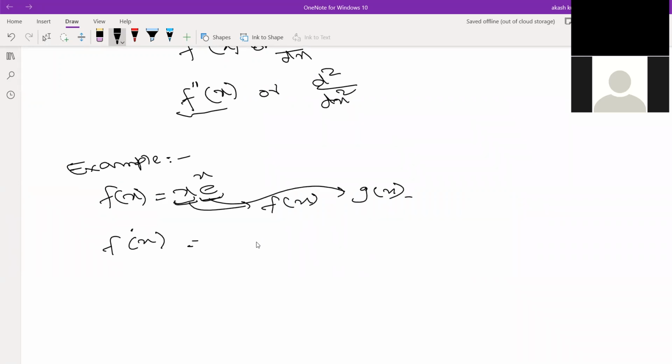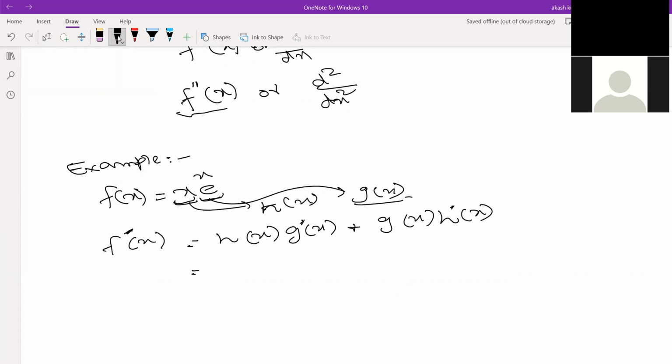The formula is, let's not take it as f of x because the function is given in the f of x form. Let's take it h of x. So the formula will be h of x as it is, and we'll be differentiating g, g dash of x. There will be a plus sign of the formula. Then we will be keeping g of x as it is, and we will be differentiating h of x. Is it clear? Yeah, until now clear.